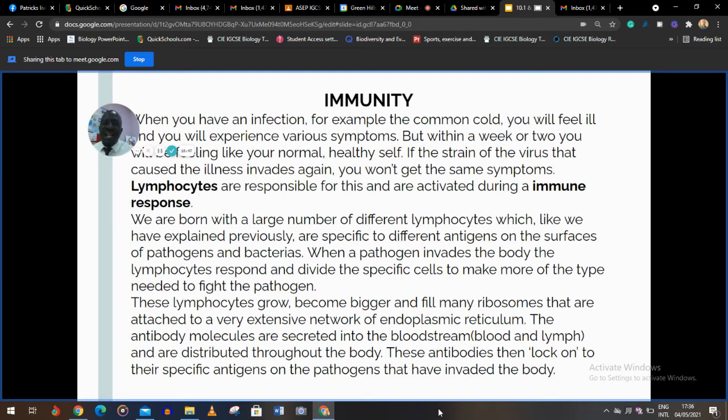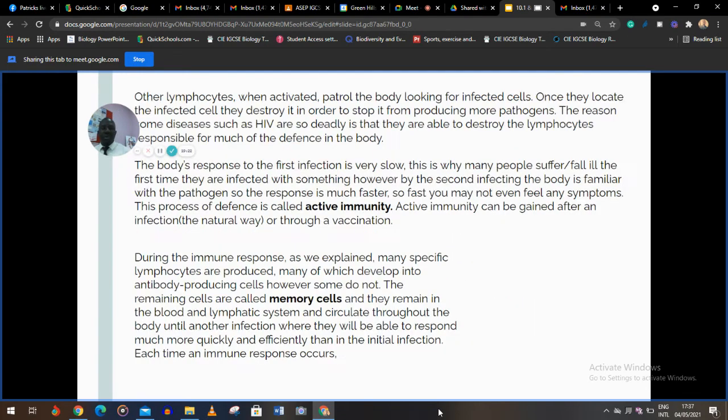The first time you suffer from the disease, your body's lymphocytes produce what we call plasma cells, which produce antibodies that are going to fight that disease right away, and also keep what we call the memory cells. The second time you suffer from the disease, the memory cells will produce antibodies right away and fight the disease. You heal from it without even knowing you were falling sick. So that's what we call the immune response.